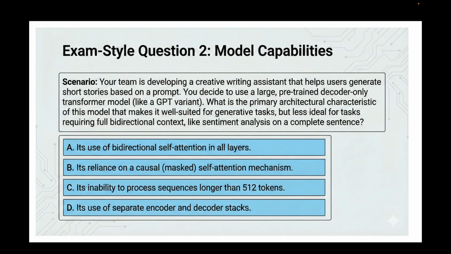This same mechanism, however, prevents it from understanding the full bidirectional context of a completed sentence in a single pass, making it less ideal for natural language understanding tasks compared to an encoder, which sees the whole sentence instantly.